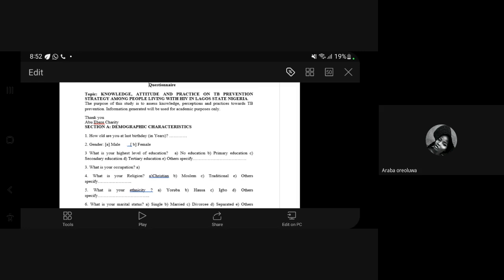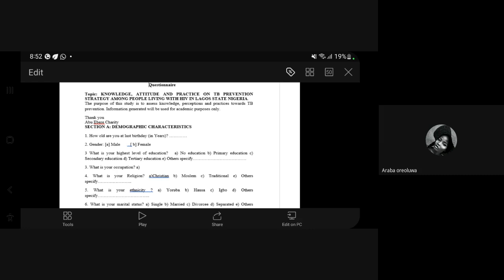That could be an objective. I might want to determine the TB prevention practices. That might be an objective too, something that I'm interested in finding out, right?